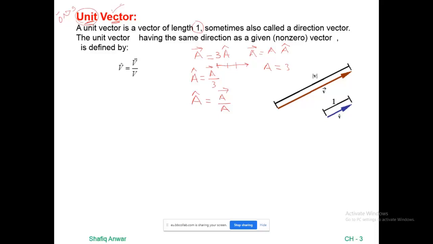Similarly, if you have any vector V, for example, this is V vector having any magnitude in this direction, how can I write it? The unit vector V cap, V unit vector in this direction, and magnitude is 1. Okay. Now, any question?